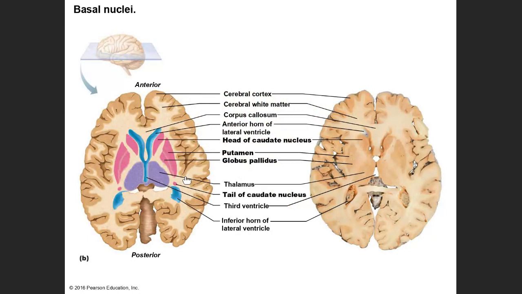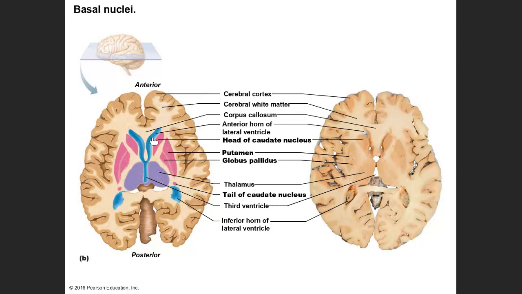Here's a transverse view of all this. Again, you're not going to be asked to recognize any of it, but if you want to see a transverse view, you can see how large this area is. It's a pretty important part of the brain. The caudate right here is in blue.